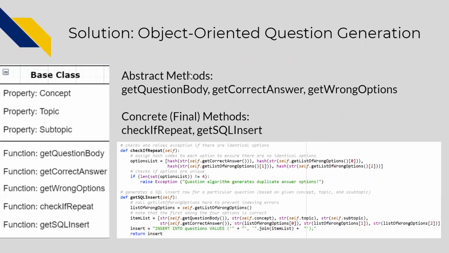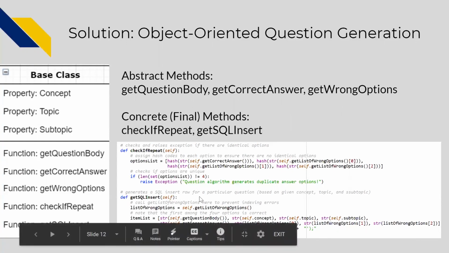So the abstract methods here are get question body, get correct answer, get wrong options, because all of the different question types or subclasses will have different implementations based on the concept. The concrete or final methods here are check if repeat and get SQL insert, which each subclass will inherit because the implementation will be the same.